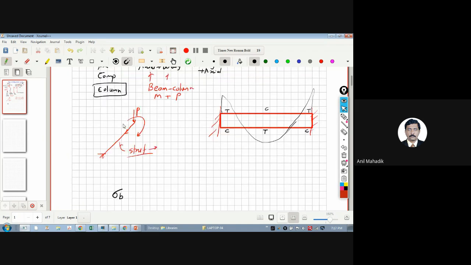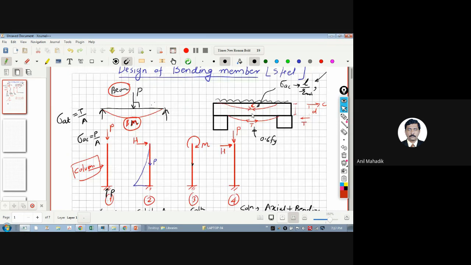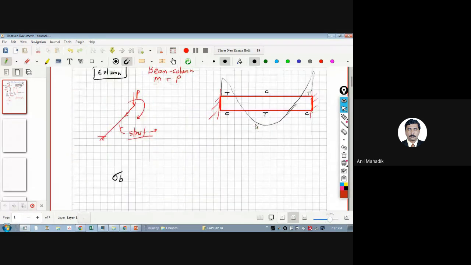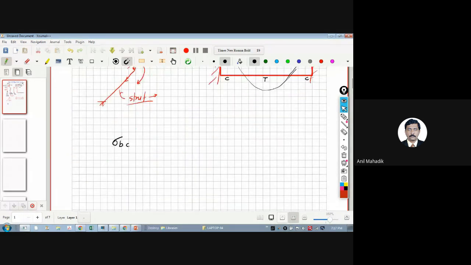But there are two stresses. One is the compressive stress and second is the tensile stress. So there is a sigma BC, which is nothing but bending stress in compression. And there is one more stress in the beam, which is sigma BT, that is bending stress in tension.